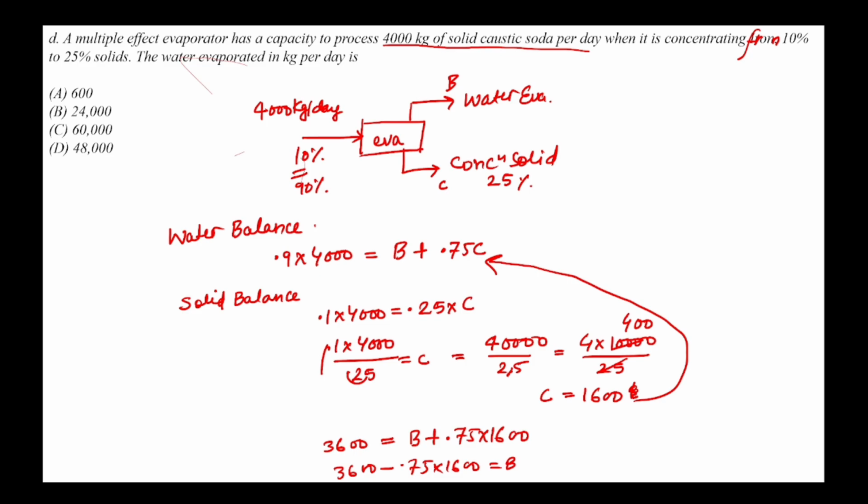B is equal to 2400 kg per day. Okay, so B is the correct answer.